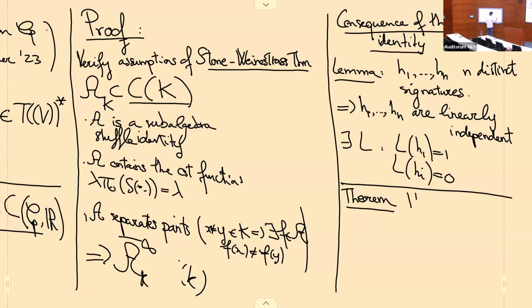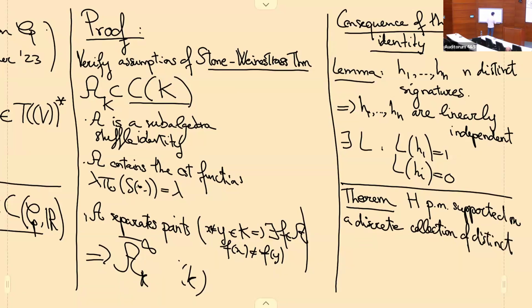So if you have two probability measures, so let's take one, H, a probability measure supported on a discrete collection of distinct signatures. Okay, so you have a finite collection of distinct signatures.